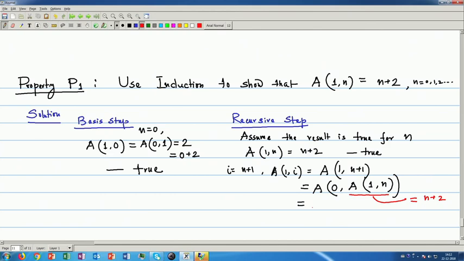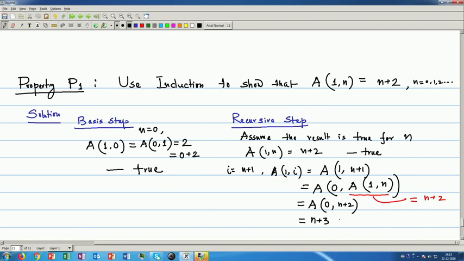So, this becomes A(0, n+2). We know A(0,n) is n plus 1, so this becomes n plus 3.